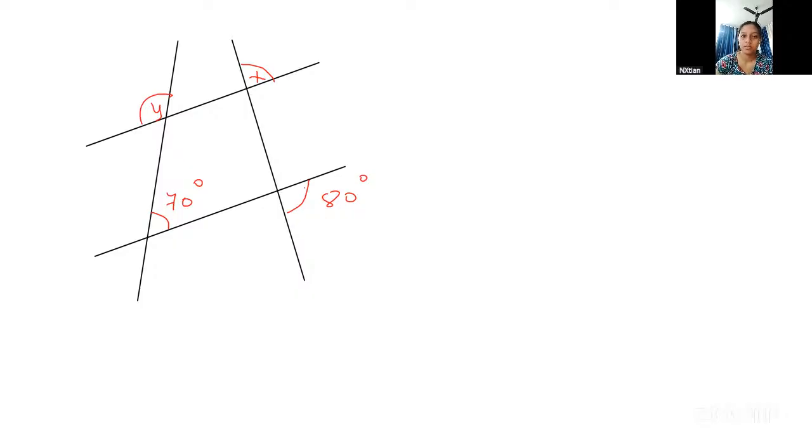X is 100 degrees because of corresponding angles, then angles on the line equal to 180, and Y is 110 degrees because of alternate angles, and then angles on the straight line are equal to 180.